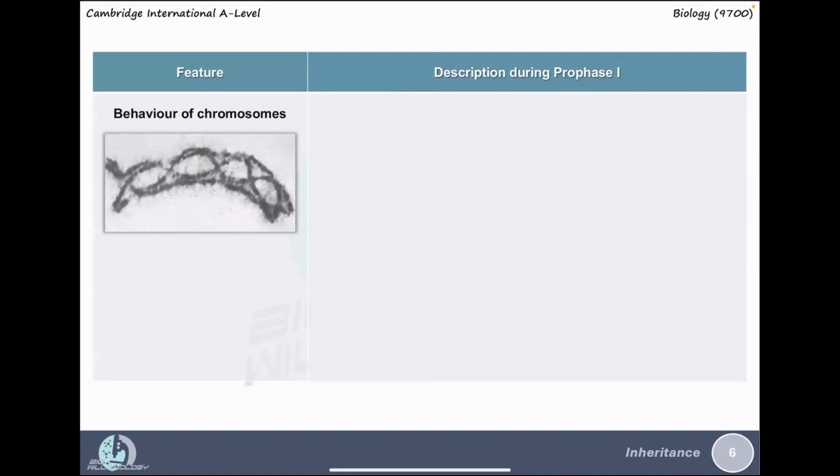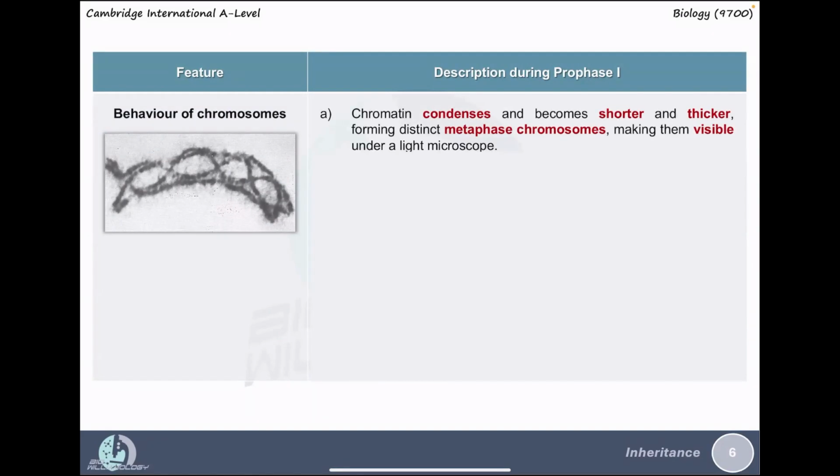So what is the behavior of the chromosomes? First of all, chromatin condenses and becomes shorter and thicker, forming distinct metaphase chromosomes, which consist of a pair of sister chromatids joined at the centromere. The metaphase chromosome is visible under a light microscope.